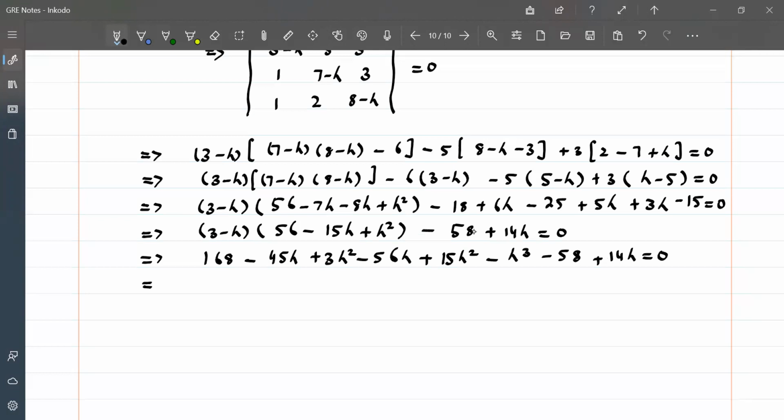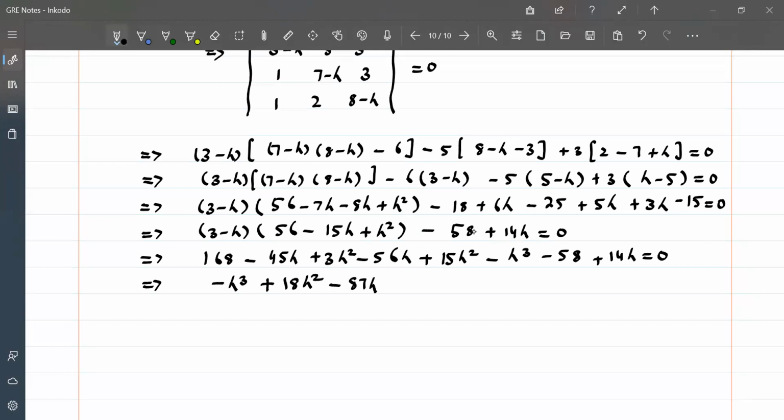Now we just collect the similar terms. So we have minus lambda cube, plus lambda square, plus 3 lambda square, plus 5 lambda square, which is equal to plus 18 lambda square. Then I have minus 45 lambda, minus 56 lambda, and plus 14 lambda, which is minus 87 lambda.